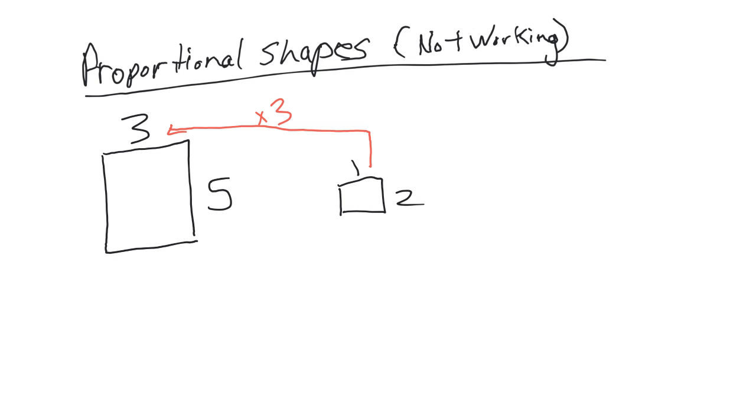If these two sides were proportional, then going from 2 to 5, if I took the number 3 and multiplied 2 times 3, it would give us 5, then it would work. But you punch it in your calculator, it doesn't work.